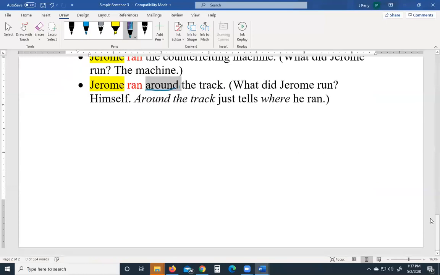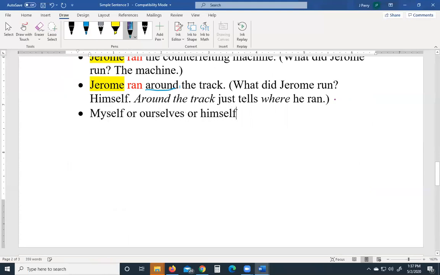So that's one of the things that we can test out here. So if the answer to what is myself or ourselves or himself, herself, themselves, or something along those lines, or if it's just not in the sentence, like we went to the movies.